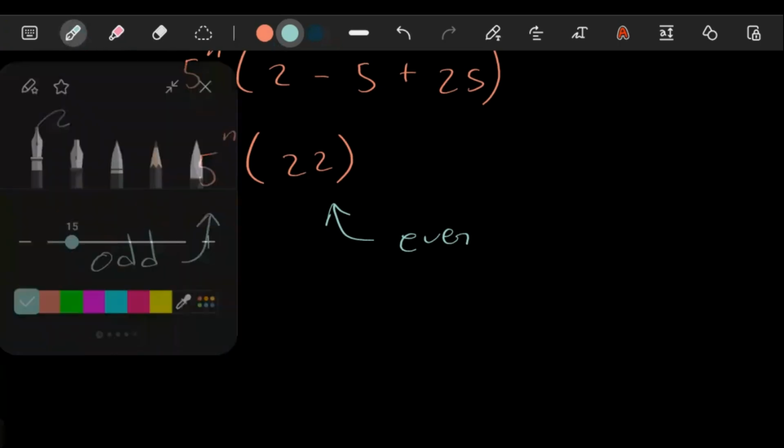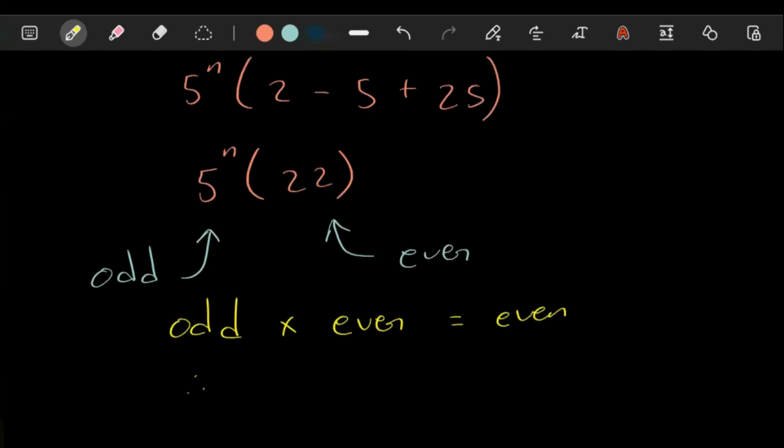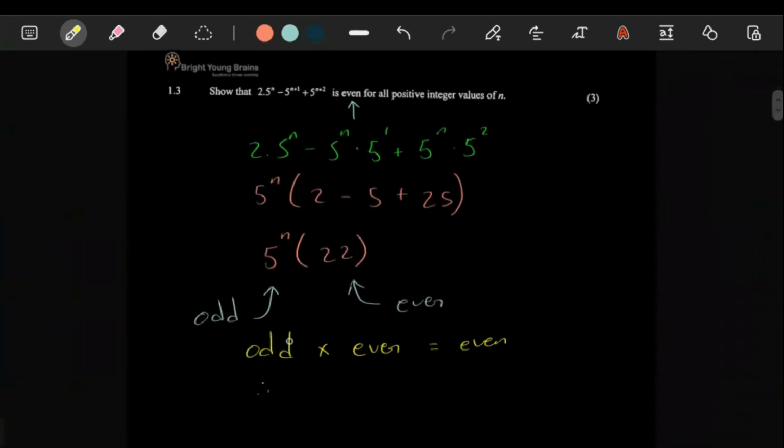Now, what we all know, or what you should know, is that an odd number multiplied by an even number will always give you an even number. You see, that's just mathematics in its simplicity. So with that being said, here you can then just conclude by saying, therefore, the expression is even for all positive integer values of n.